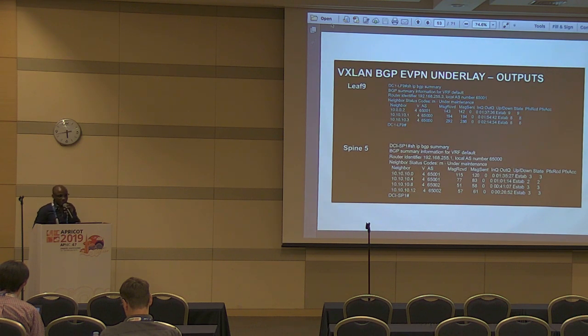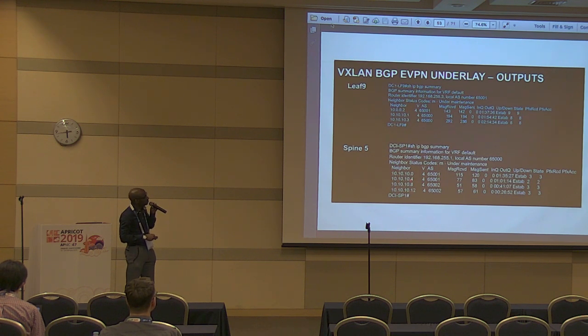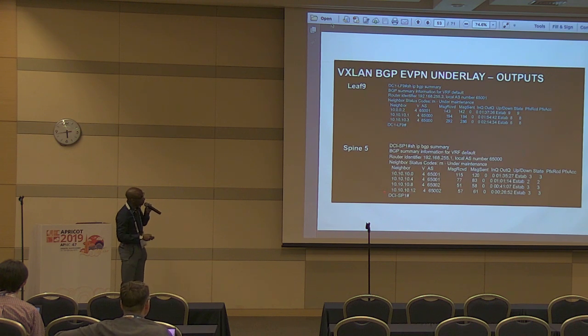This is the verification for my underlay. Again, remember the underlay is just native eBGP over the /31. You can see my show ip bgp summary on the leaves and on the spine. On the leaf, I've got two eBGP sessions to the two spines. And from the spine perspective, I've got four eBGP sessions within that data center to all the four leaves I've got in there.